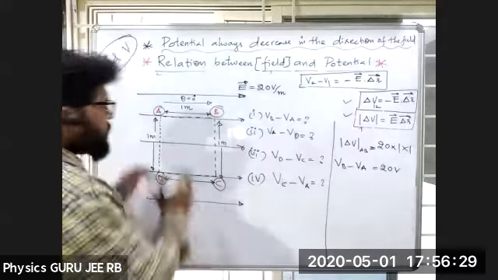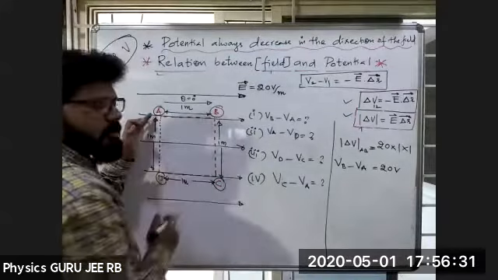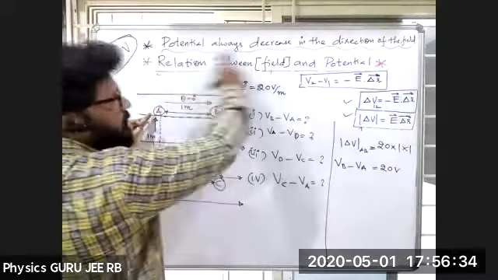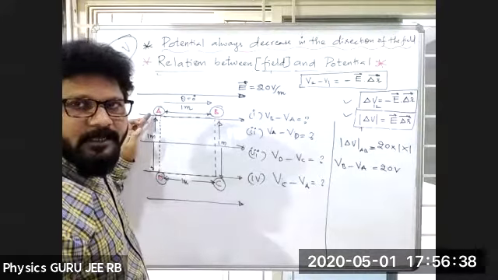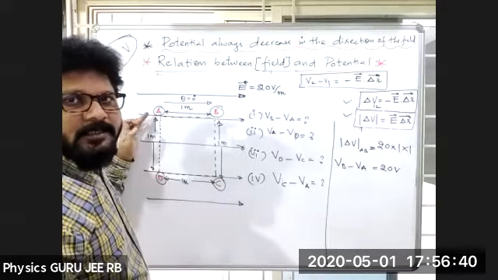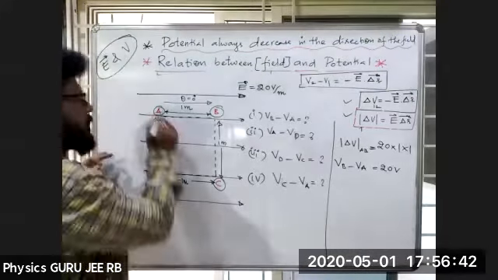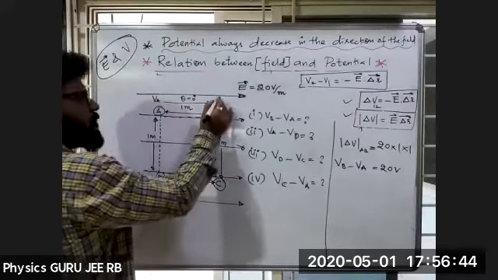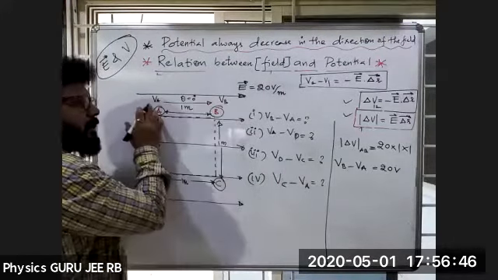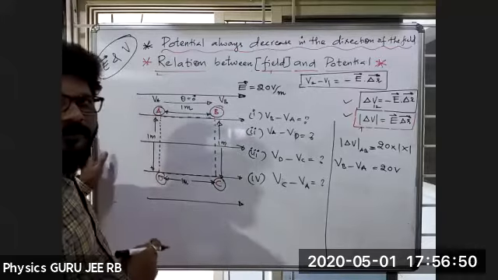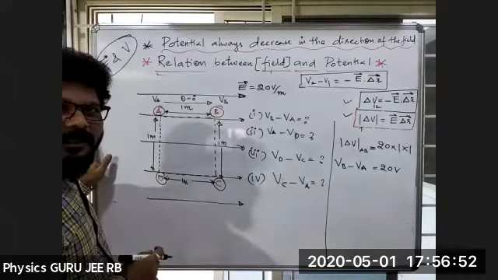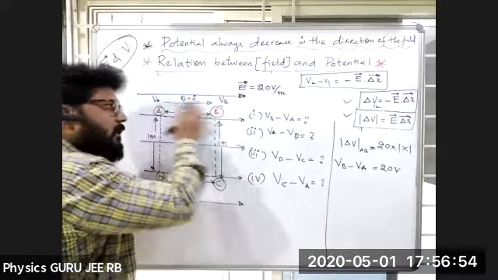Negative. See, when I move from A towards B, in the direction, potential decreases or increases? Can anybody tell? Decreases, negative. See, if I take VA, here VB. Which should be greater in the direction? VB is greater or VA is greater?